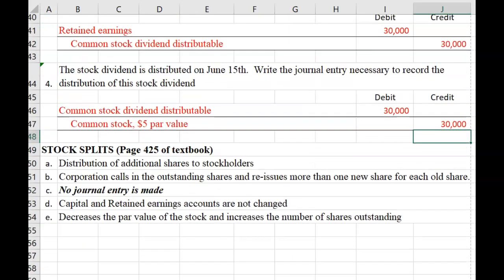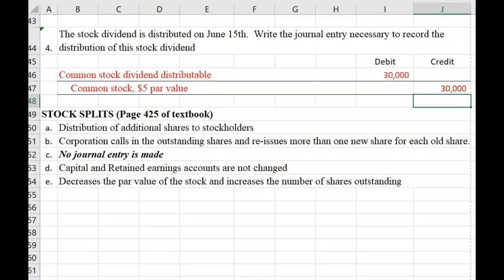Let's talk a little bit about stock splits. Stock splits are kind of similar to stock dividends in that the corporation actually does distribute additional shares of stock to the stockholders, but it is not a dividend. A stock split just simply means that the corporation calls in the outstanding shares and reissues more than one new share for each old share.